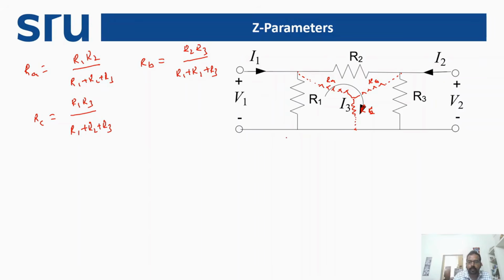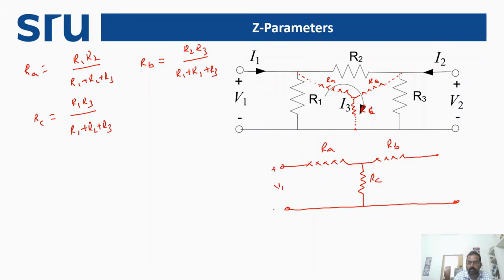After computing this, we convert the given circuit in this particular way. So this is our star network, and this is our RA, this is RB, and this is our RC. This is our V1 terminal, voltage applied across this terminal, and this is my I1, and this is V2, and this is my I2.